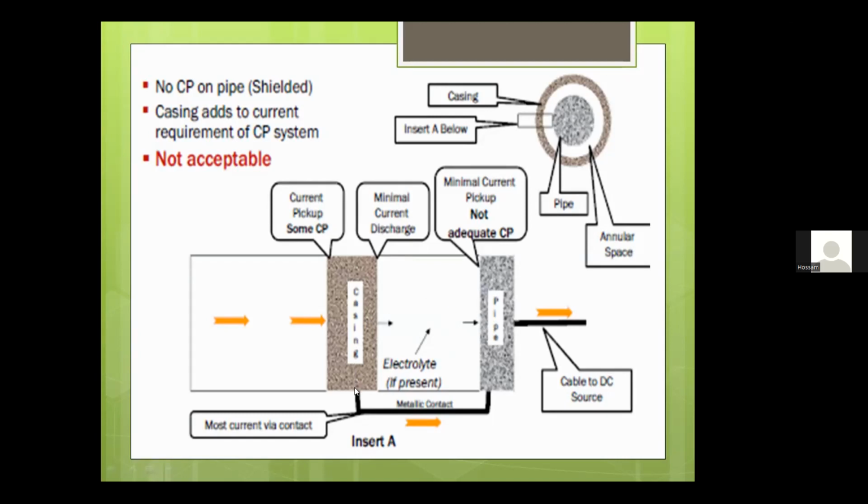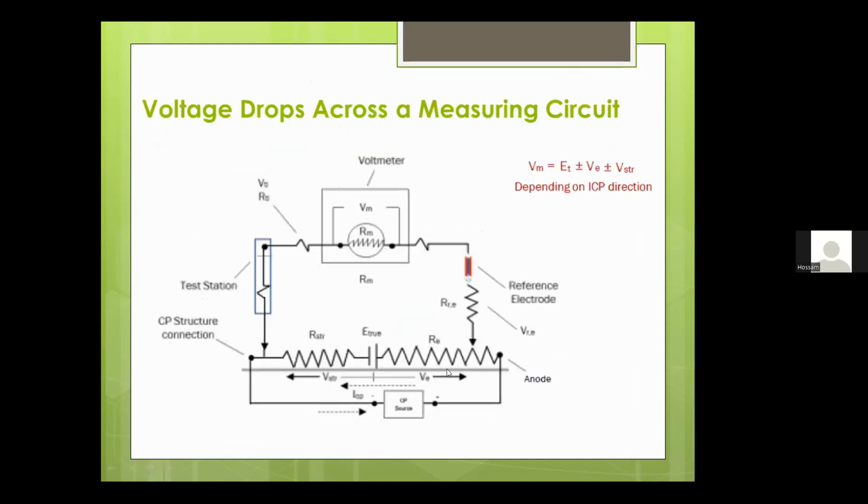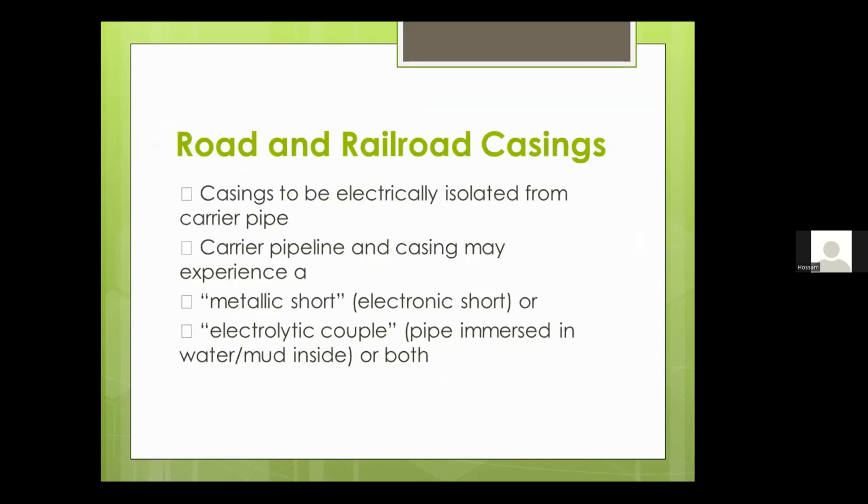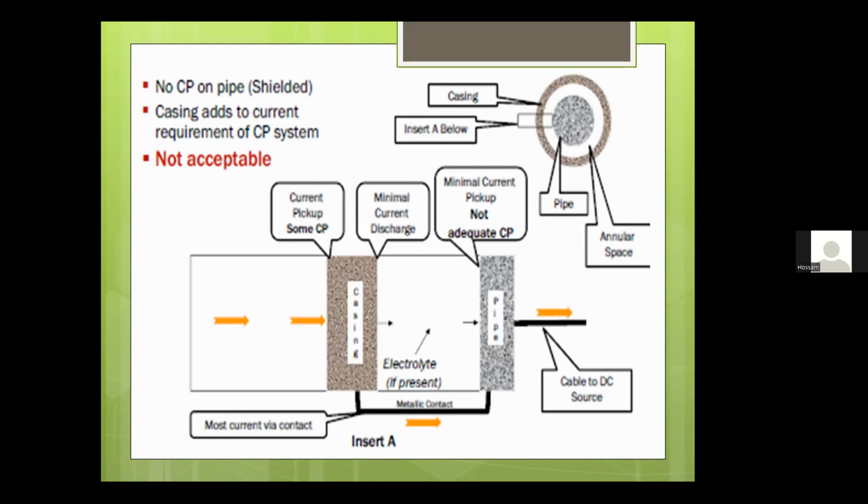The other option, which is easier, is to go in this direction through the metallic contact to the pipeline. Most current will go via this contact, and very little current will move in that direction.